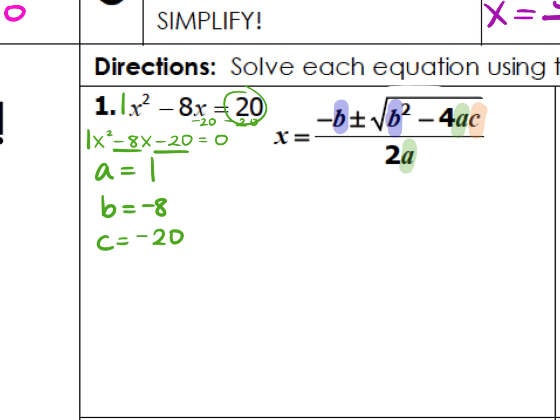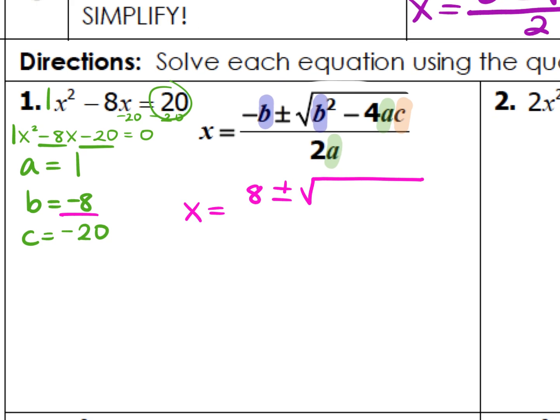Okay, from here, x equals, we're going to set this up in the quadratic formula. What is negative B? A positive 8, the opposite of a negative 8. Then you put the plus or minus, and then you put the radical. And now you do b squared. So put the parentheses around your negative 8 and square it, right? b is negative 8 squared.